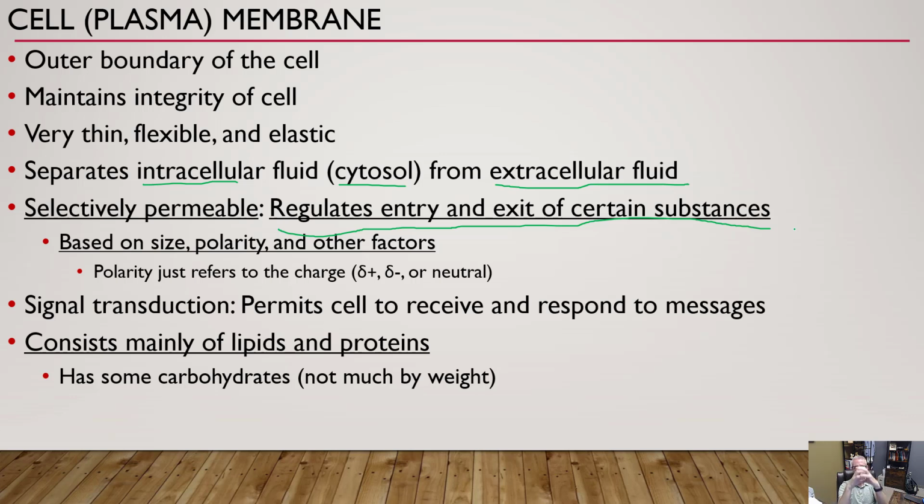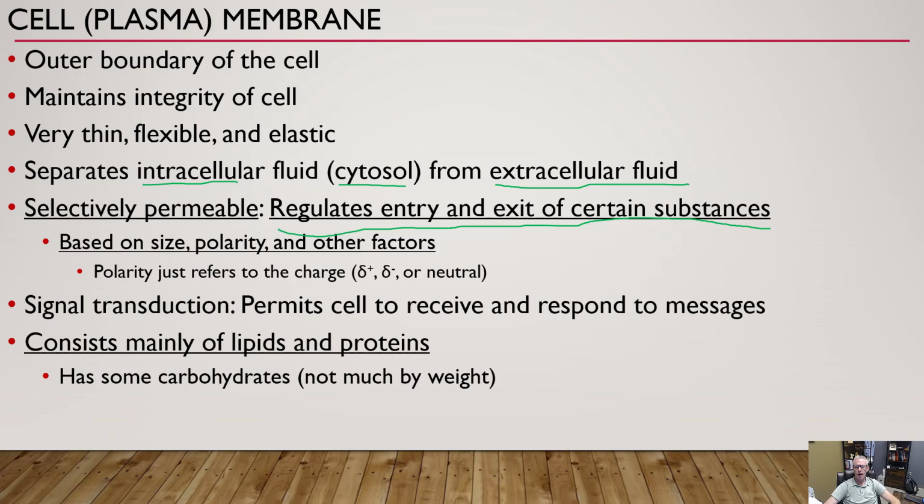So obviously, if your cell is this big and you have a molecule that is this big, that molecule can't get into the cell. We talked a little bit about polarity last chapter. Polarity will also help determine whether or not certain substances can enter into the cell.